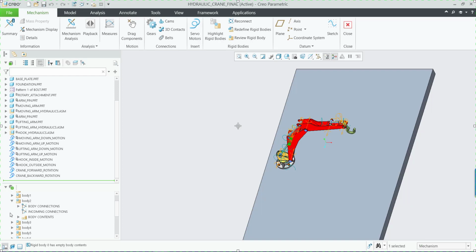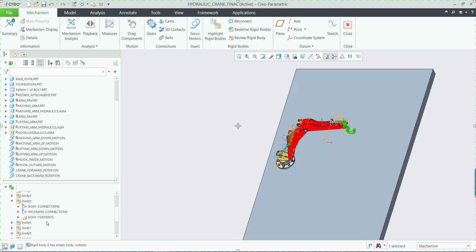So each of the body definitions has been well established. The lifting arm piston, further the body 3, that has to be the hook piston, this piston over here. Then the body 4, that has to be the hook which is supposed to rotate separately.